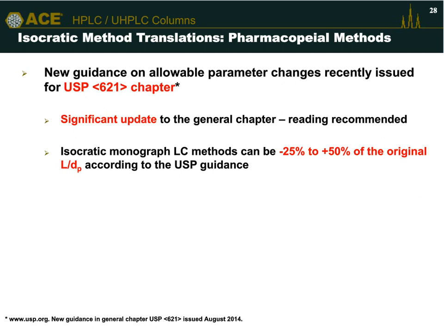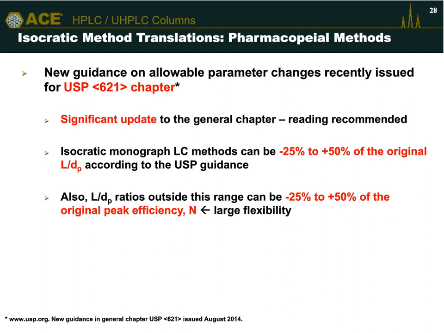So isocratic LC methods can now be converted using the column length to particle size ratio. And in fact, we can use minus 25% to plus 50% of the original L over DP ratio specified in the monograph. Also, column length to particle size ratios outside this range can be used if you want to use the peak efficiency option.